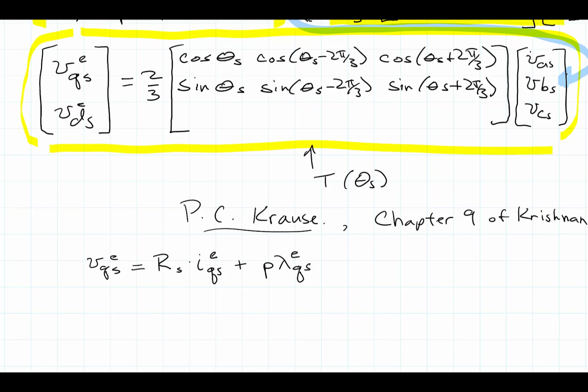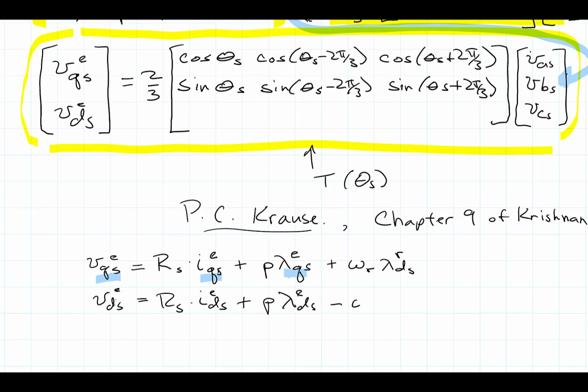So we've also ended up converting the currents and the voltages, everything into this frame. And then we have this back EMF term, lambda DS. And we have a D axis winding voltage. So we've ended up with Q and D voltages, Q and D currents, and Q and D fluxes.